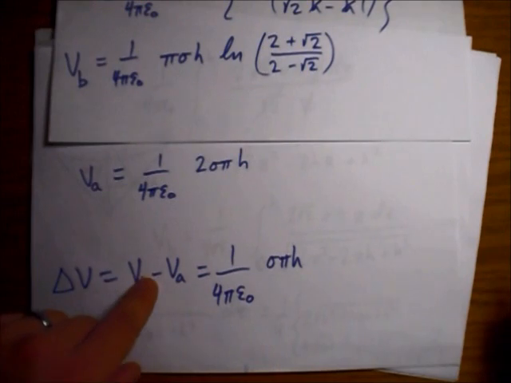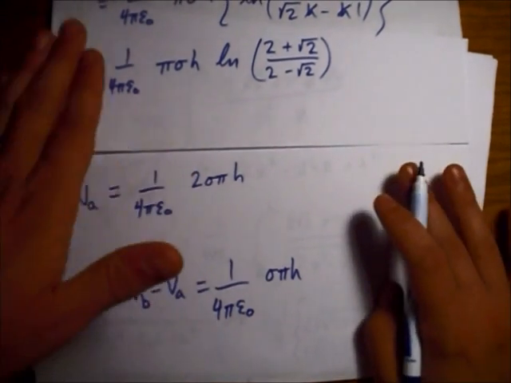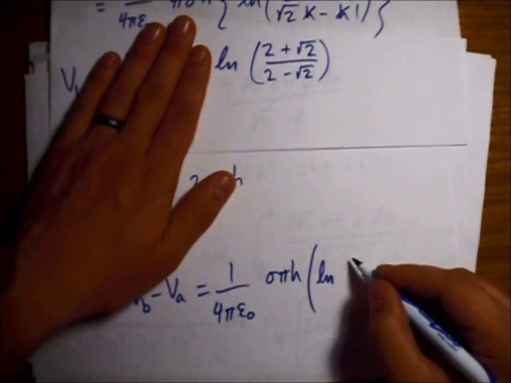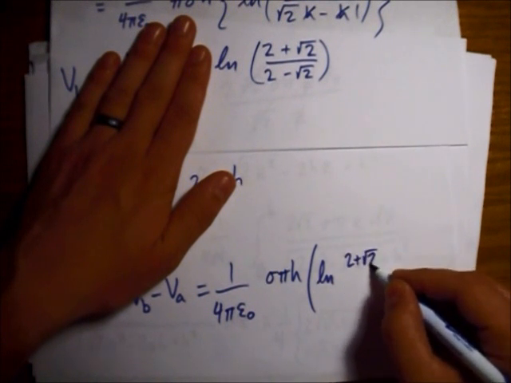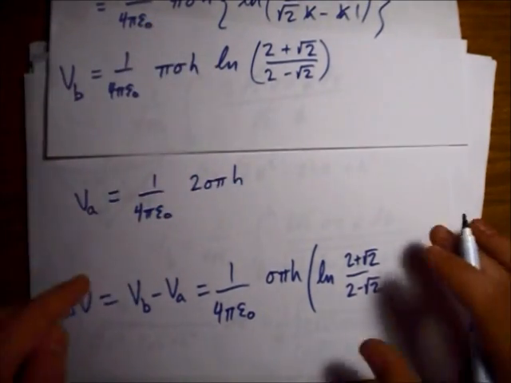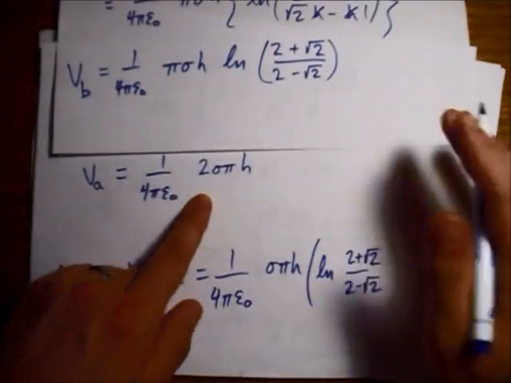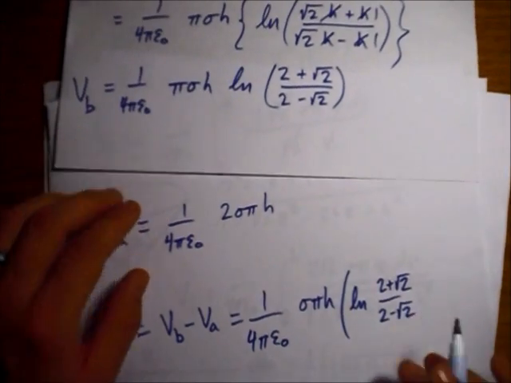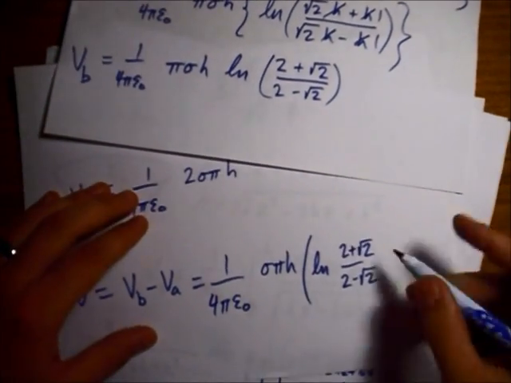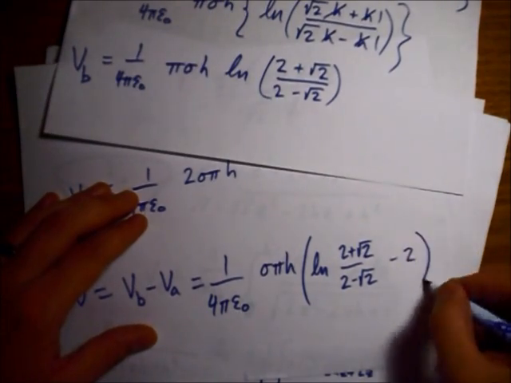And now we're doing B minus A. So all we have left here is the natural log of 2 plus square root of 2 over 2 minus square root of 2. And then we're subtracting this guy off. And all that we have left on this, after we factor out this stuff, is just a 2. So we get a minus 2 right here.